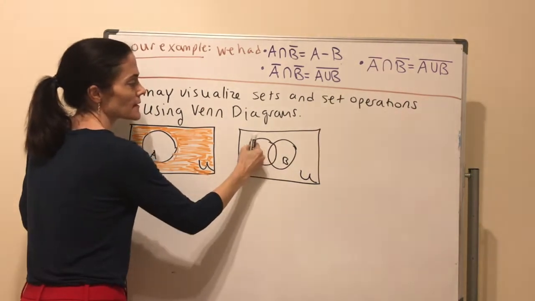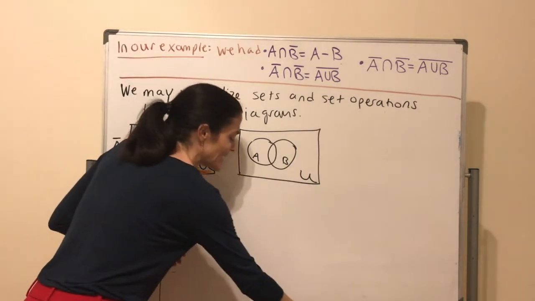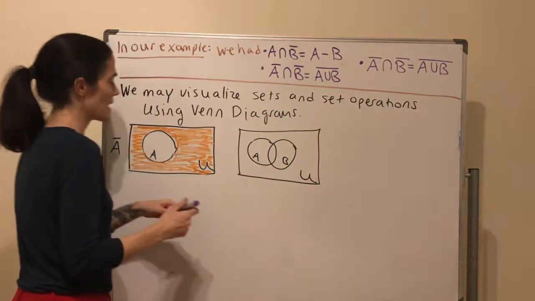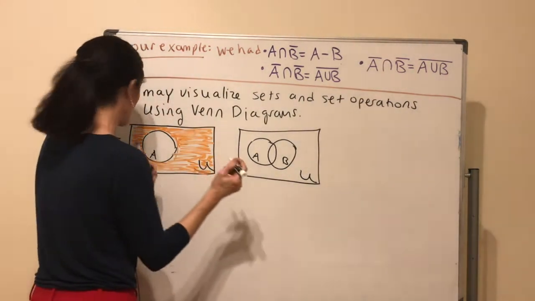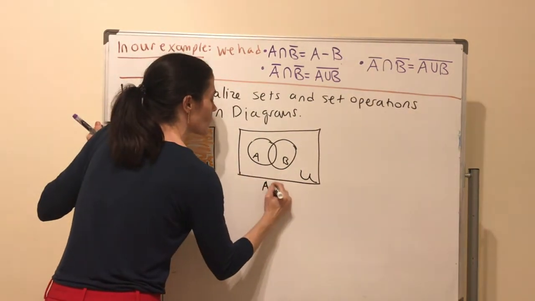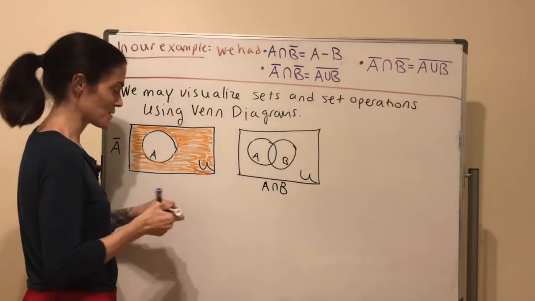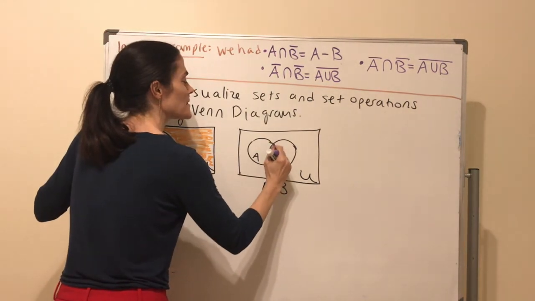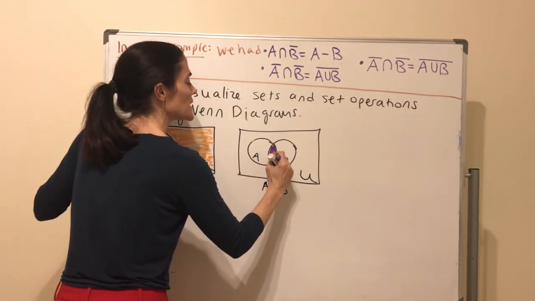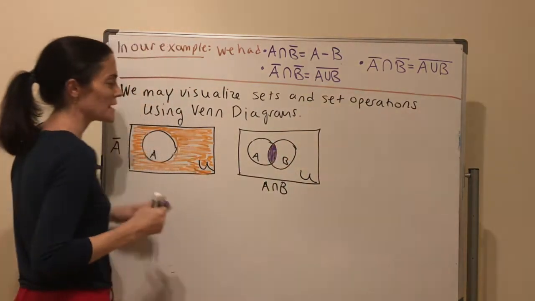So everything in here is set A, everything in here is set B. For example, I will illustrate the set A intersect B in this Venn diagram. This would be what's common to both, and I can shade it. It would be this region here. This is a Venn diagram for A intersect B.